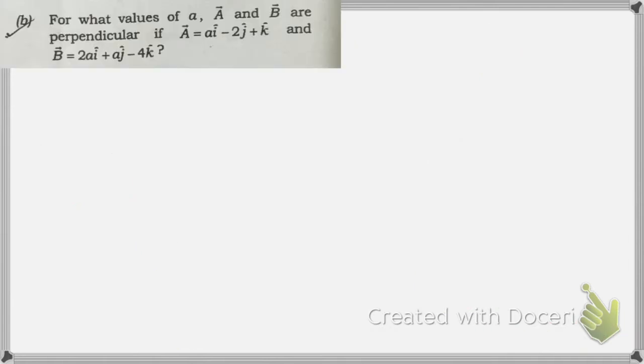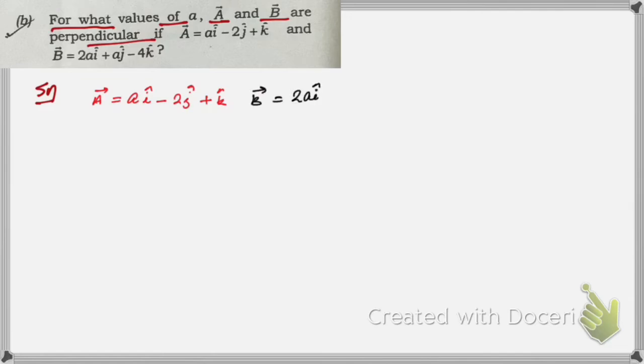So here you see, for what value of small a are vector a and vector b perpendicular, right? So vector a is given, so let me solve. Vector a is a i cap minus twice j cap plus k cap, and vector b is twice a i cap plus a j cap minus 4k cap, right?